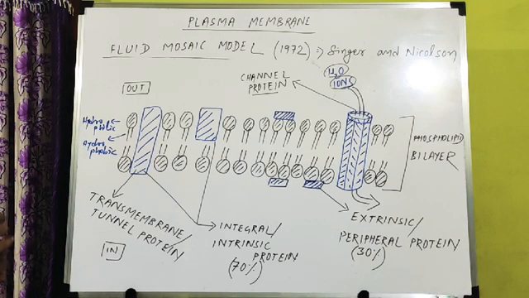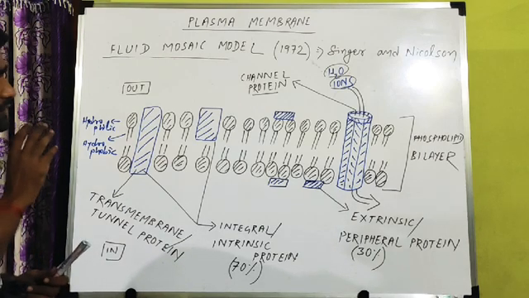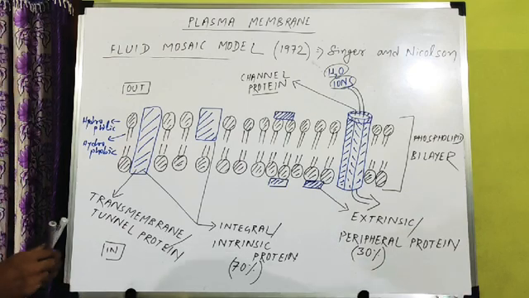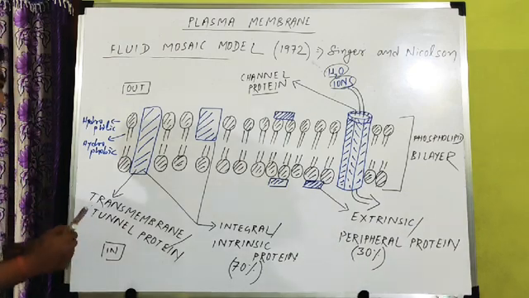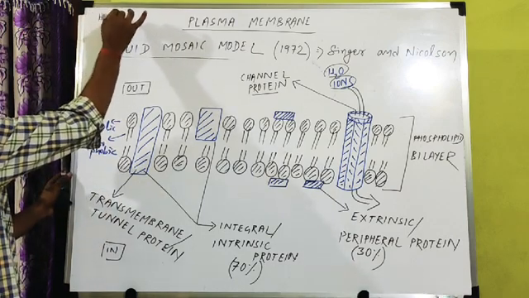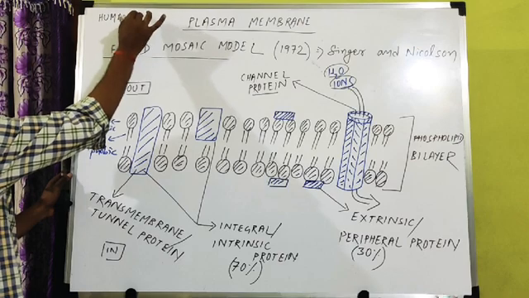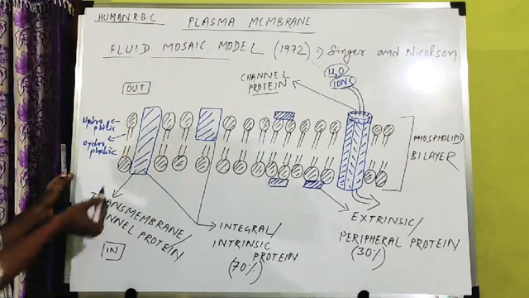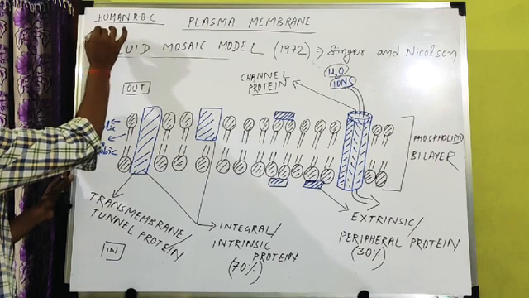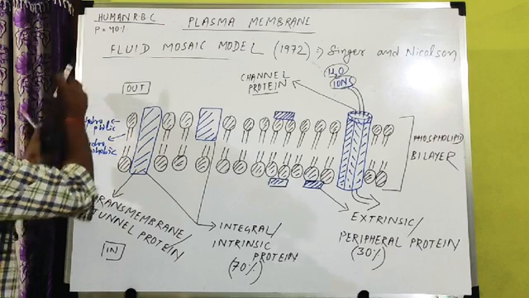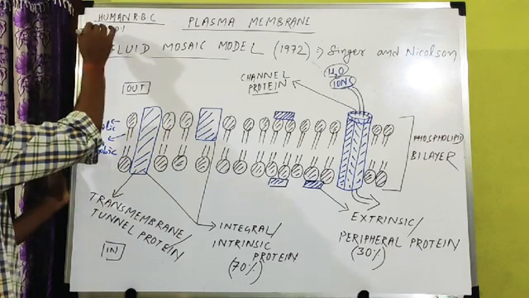But an important thing to remember is that in addition to protein and lipid, some other chemicals are also present. In the case of the human erythrocyte, RBC, it is observed that the amount of protein present is 52%, and the amount of lipid is 40%.